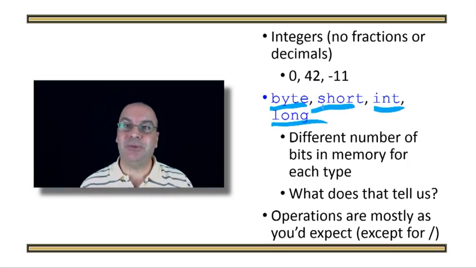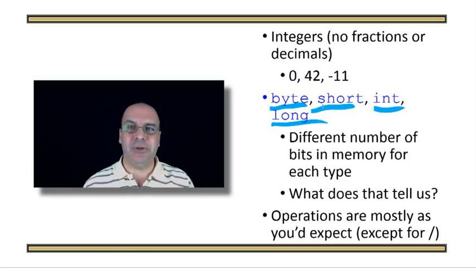The difference between these four data types is how many bits are used to represent a variable that has that data type. Perhaps not surprisingly, the byte data type uses a byte to store the information. A byte is 8 bits, and so we know from what we've already learned in previous lectures that n equals 2 to the b.